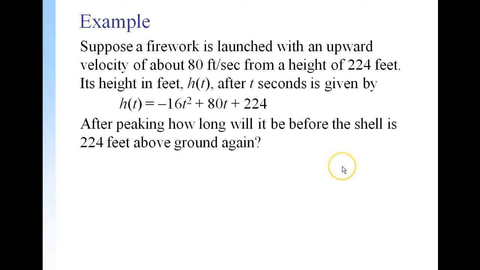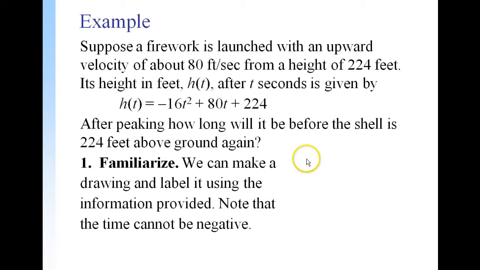Now, a good thing is reread this, but here is the formula we need. We're looking for time here. And again, the 224 is in there. So we can make a drawing. Okay, that's going to be useful. And notice time cannot be negative.